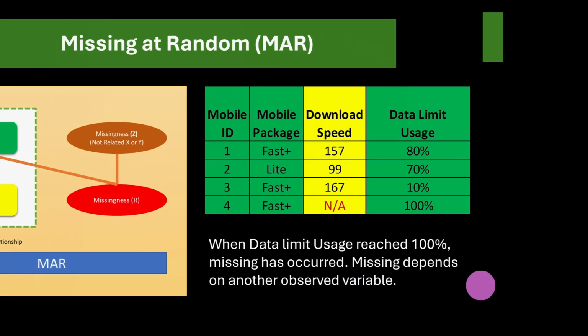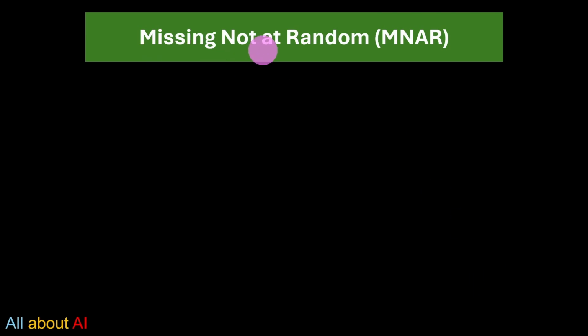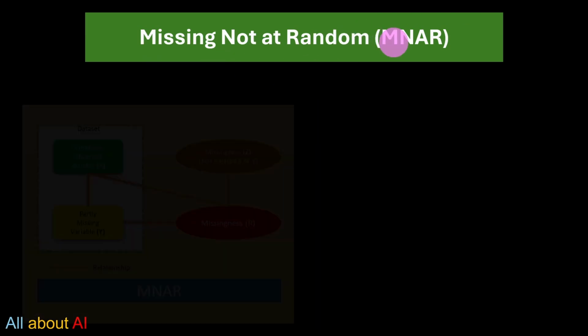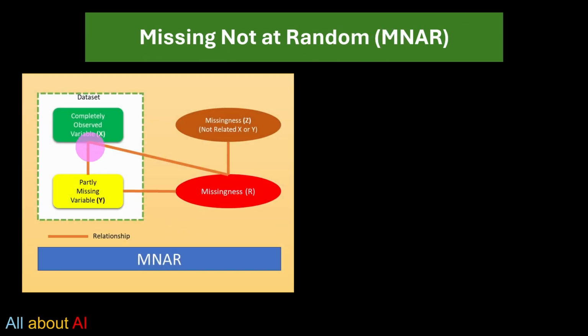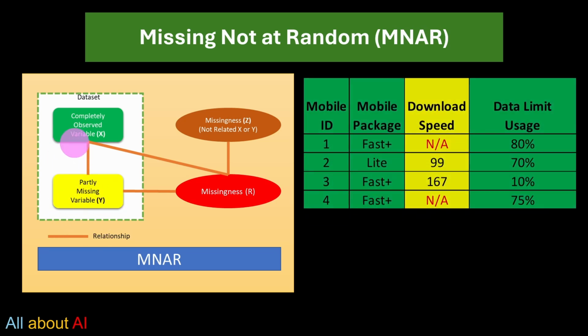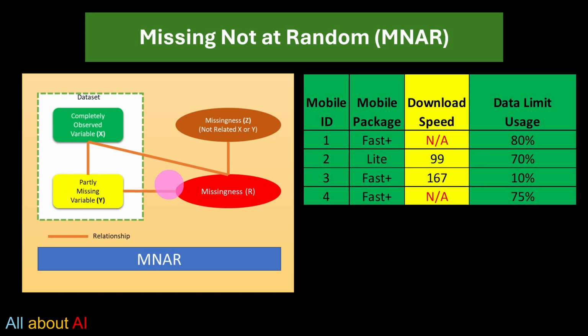Now the third category, missing not at random, MNAR. Here the missingness has a relationship with both the observed variable as well as the missing variable, and we are not particularly sure what has caused that missingness. That's why it's called missing not at random.